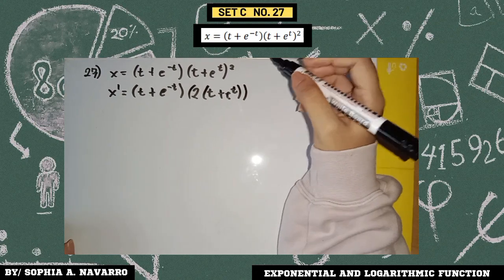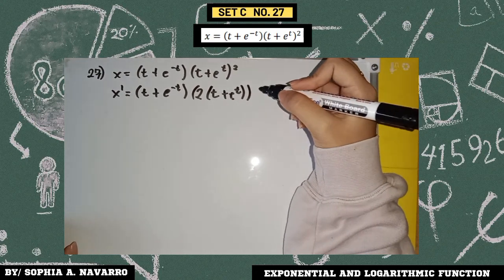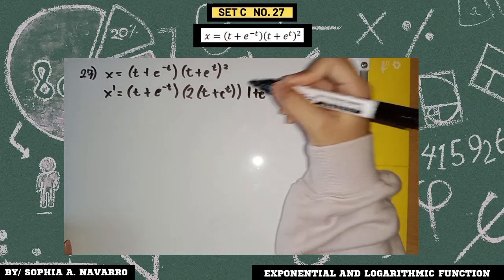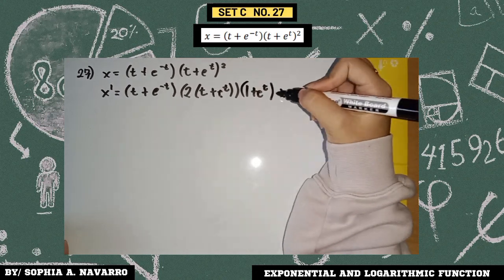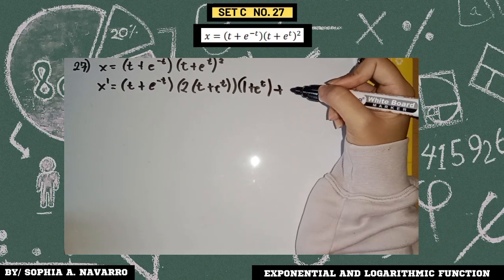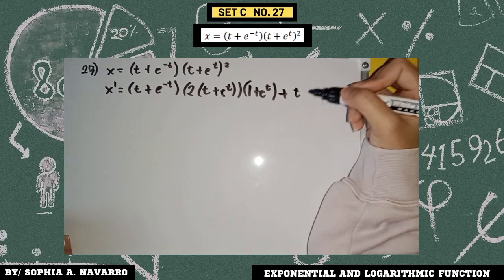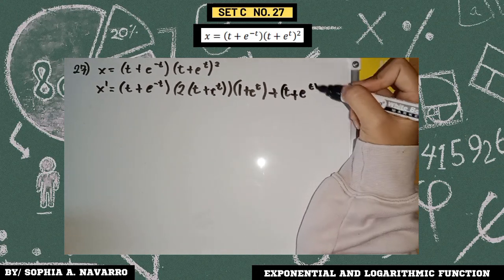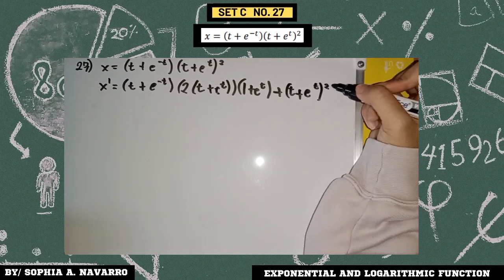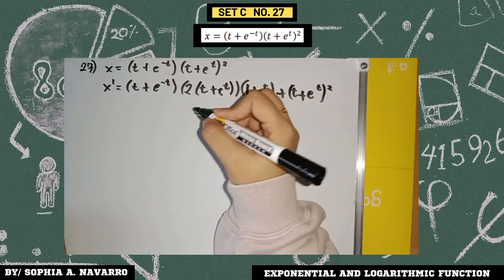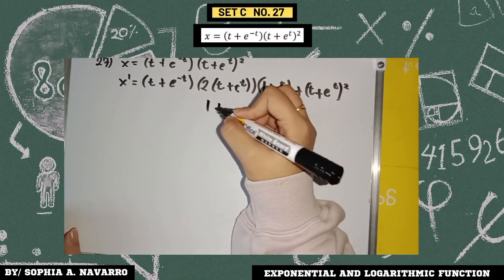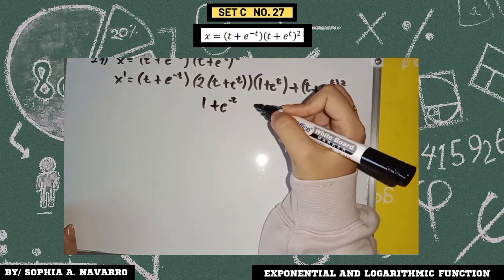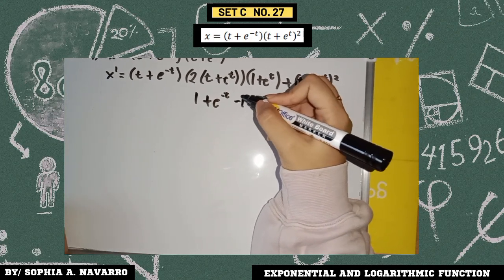then 1 plus e to the power of positive t plus t plus e to the power of positive t squared times 1 plus e to the power of negative t times 1.